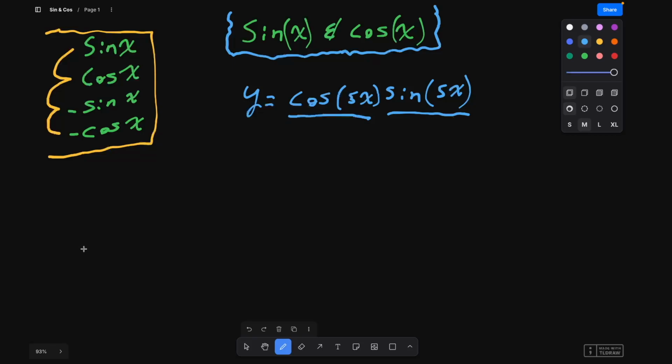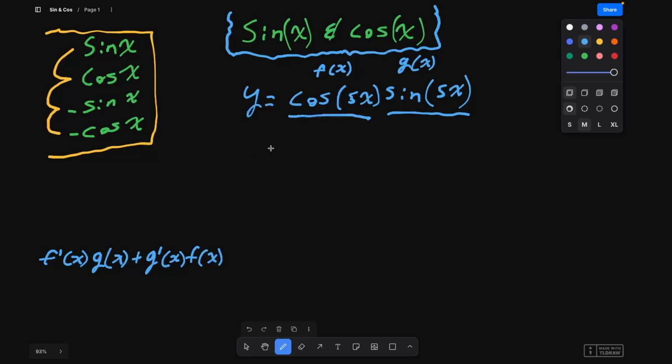To follow our product rule, we simply have to follow the derivative of the first times the second plus the derivative of the second times the first. In this case, f of x is our first, our cosine, and g of x is our second, our sine.